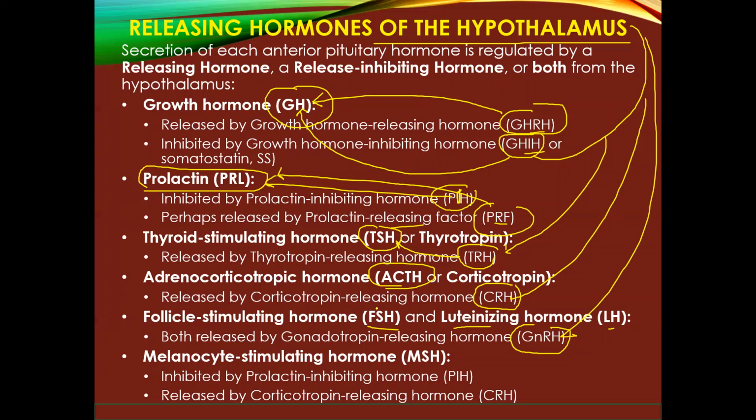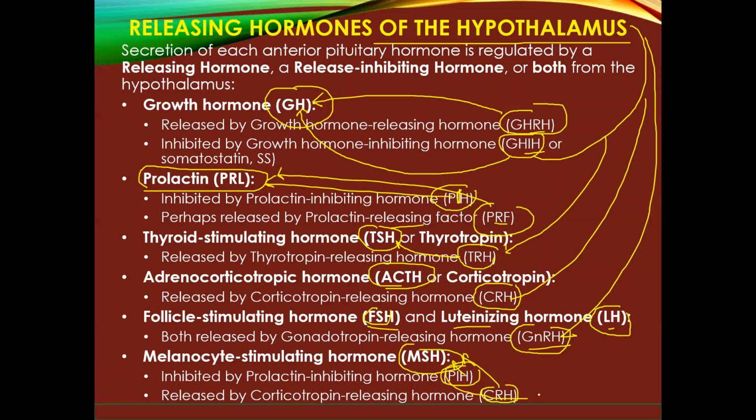So both of these hormones, FSH and LH, will be stimulated by this GnRH. The MSH, melanocyte stimulating hormone, will be controlled by the PIH and the CRH. This one increases, the PIH will decrease.